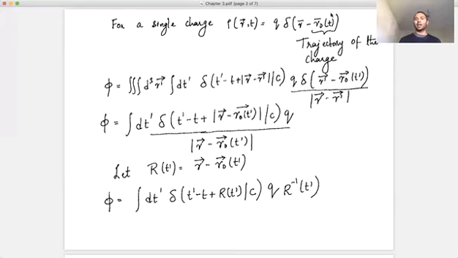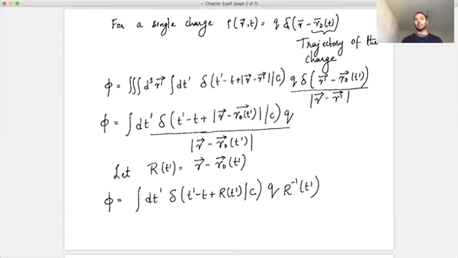So I'm going to call r naught of t a function which I already know. So r naught of t is specified, and that is the trajectory of the particle. Okay, so r naught of t is basically the position vector of the particle as a function of time. And if I take the derivative of this with respect to time, I get the velocity. I take the second derivative, I get the acceleration. Okay, so that's what r naught is. That's the trajectory of the charge, and that's already known.